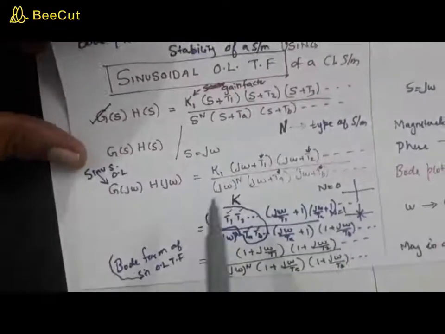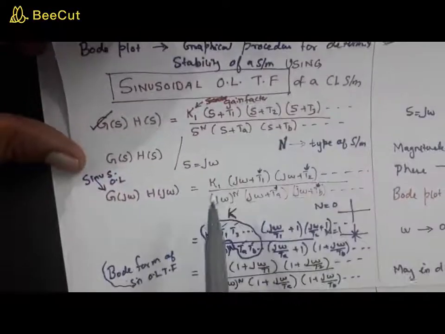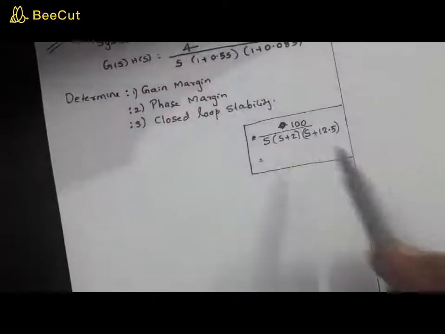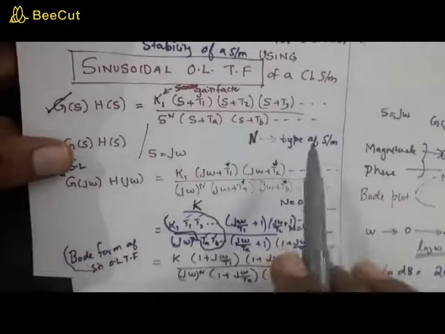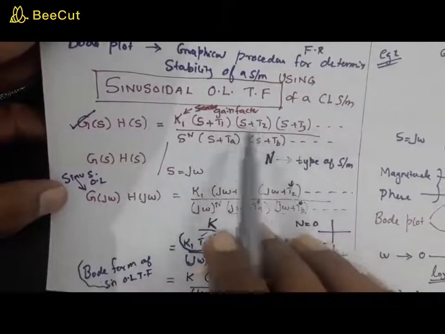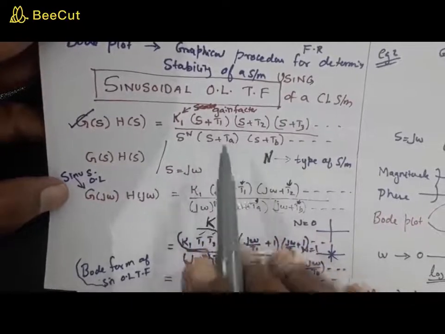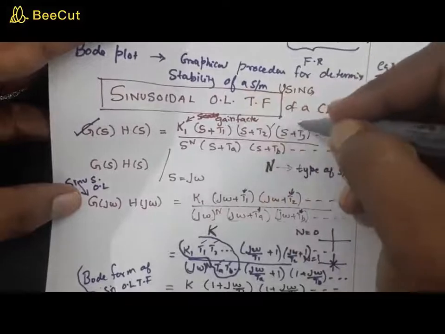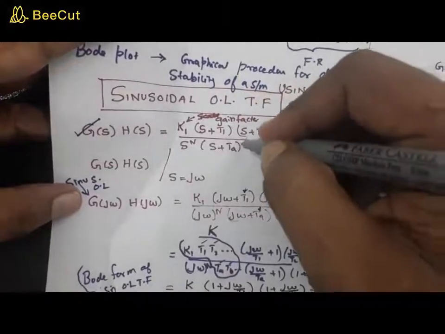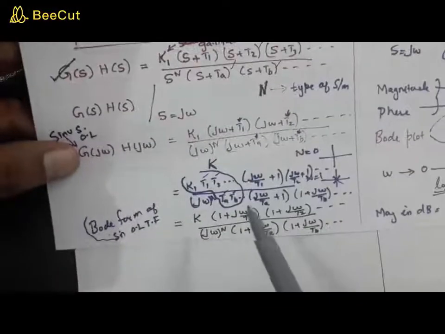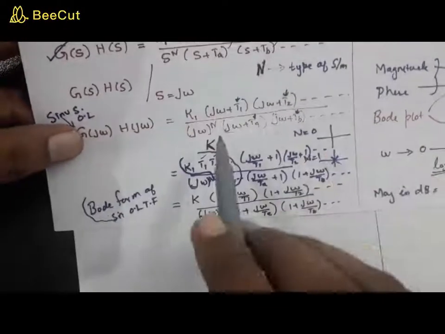Look at this. We actually started with this S plus T1 exactly like this, right? And what we did was we took T1, T2, all those constants outside from those first order terms. These are called the first order terms. So from these first order terms, we took the constant out so that this becomes 1 plus S form.